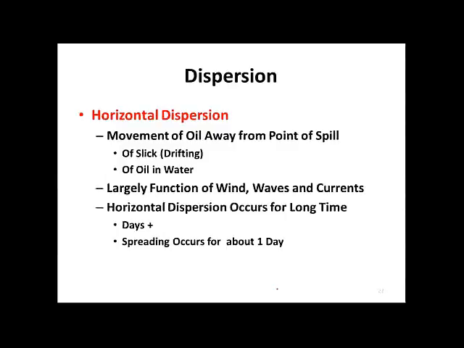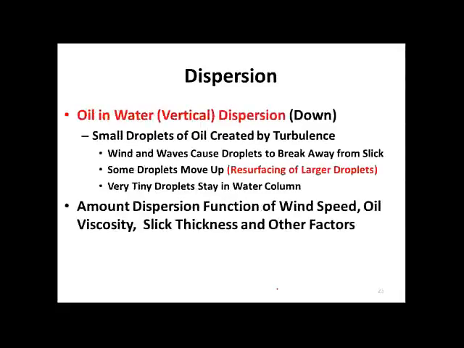Spreading occurs in about 1 day. Horizontal dispersion occurs over long periods of time. The other type of dispersion is vertical dispersion. That's in this direction, up and down, okay? So we can get dispersion of oil and water downward.